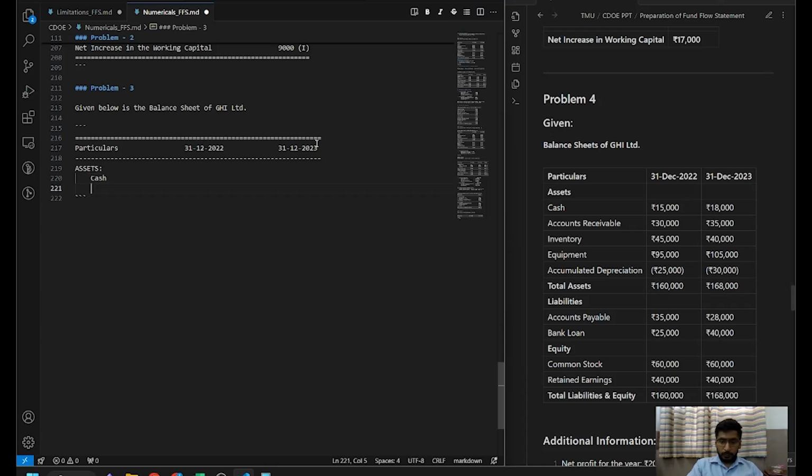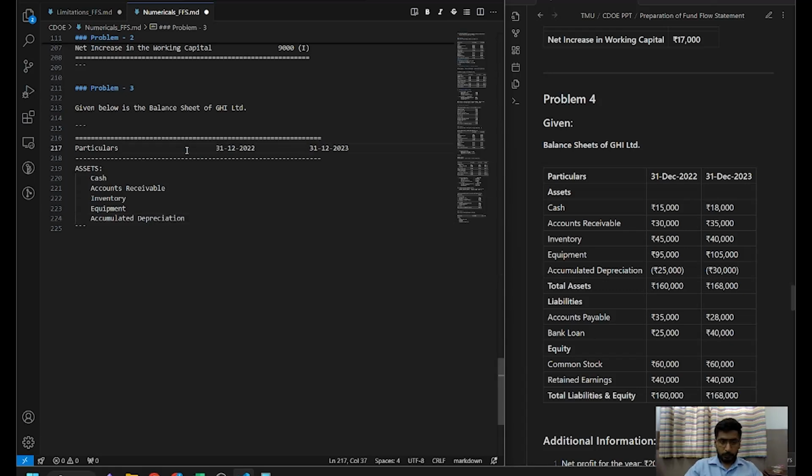Number one is cash, accounts receivable, inventory, equipment, accumulated depreciation.